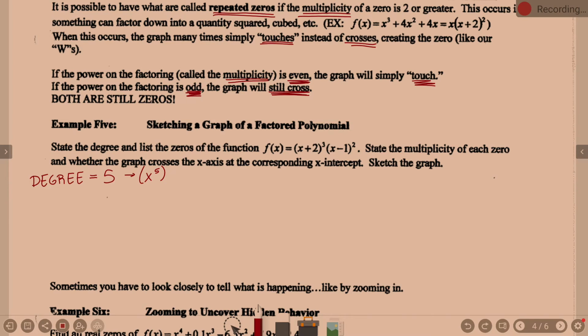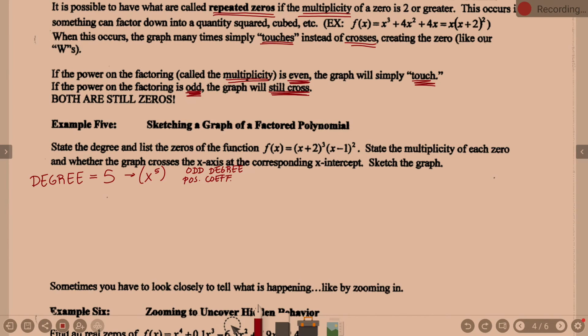Well, multiplying x times x times x times x times x, that's going to be a positive x to the 5th, yes? Remember that end behavior chart I showed you yesterday? X to the 5th is going to be an odd degree, and there's going to be a positive coefficient.